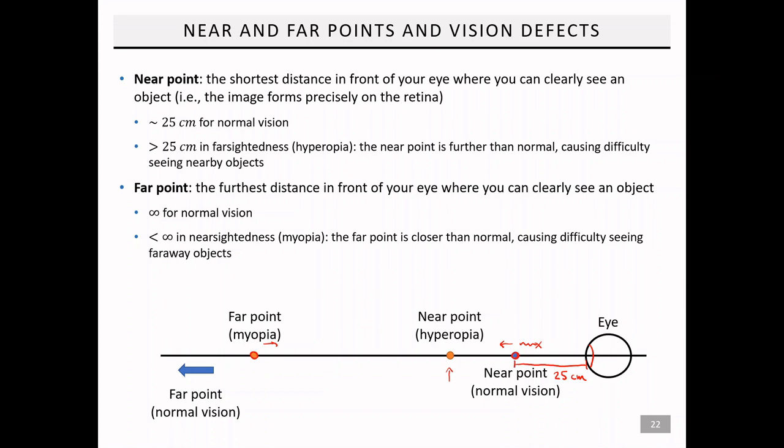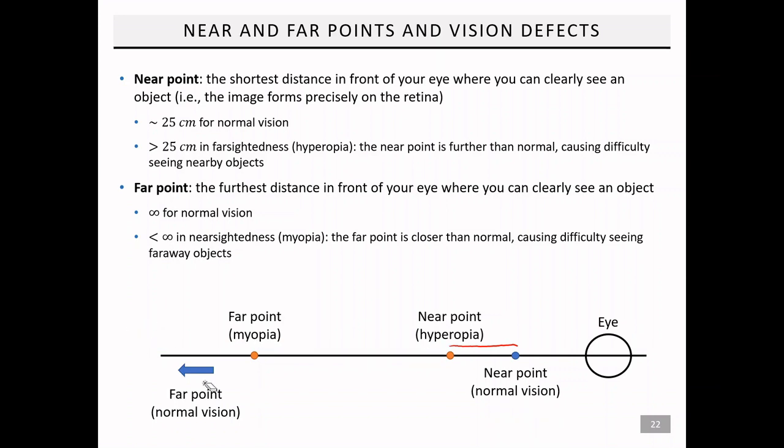So then if you have hyperopia, the range that you can see clearly is everything past this dot. If you have normal vision, then everything you can see clearly would be past the blue dot.